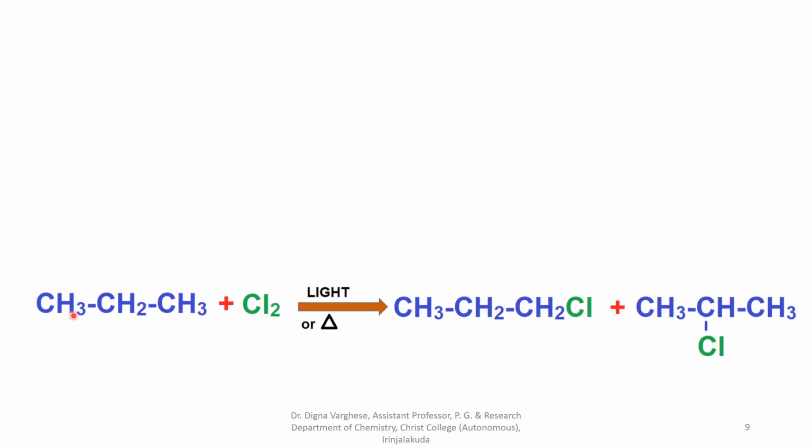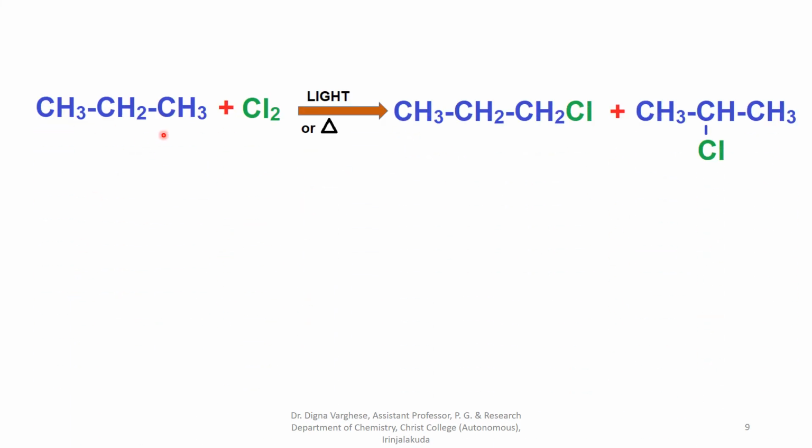Here you can see propane reacts with chlorine either in the presence of light or by heat. You can see isomeric products, that is 1-chloropropane or 2-chloropropane is obtained. Here the yield of 1-chloropropane is 45% and of 2-chloropropane is 55%.